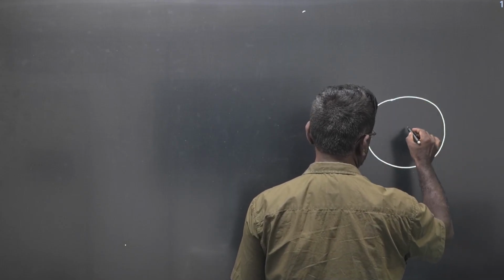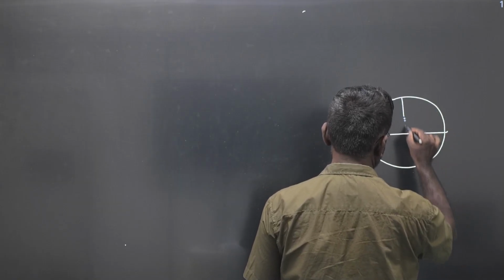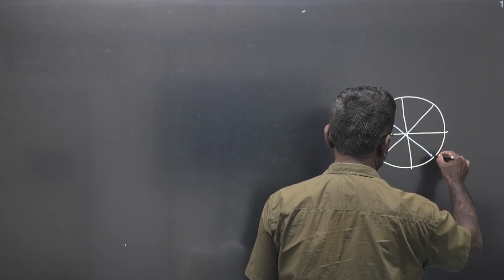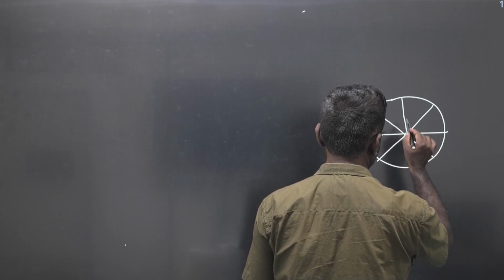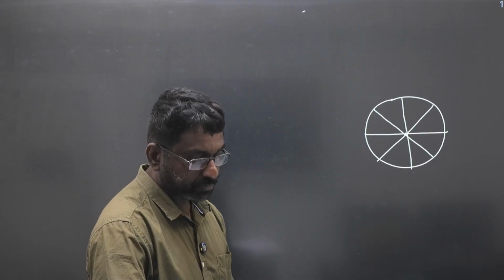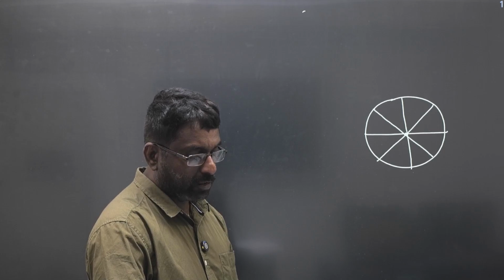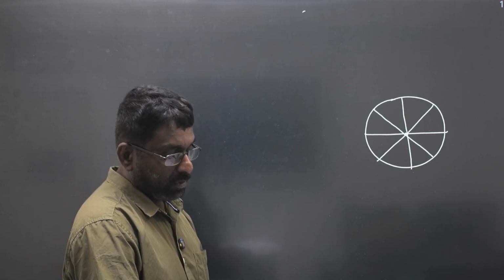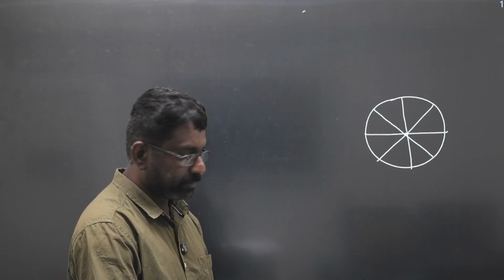Top of the umbrella, 8 ribs: 1, 2, 3, 4, 5, 6, 7, 8. This is the umbrella with 8 ribs. Assuming the umbrella to be a flat circle of radius 45 centimeter, find the area between the 2 consecutive ribs of the umbrella.